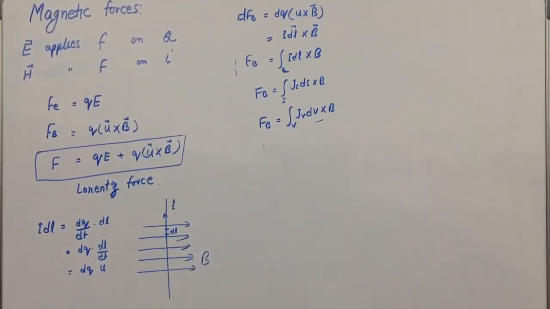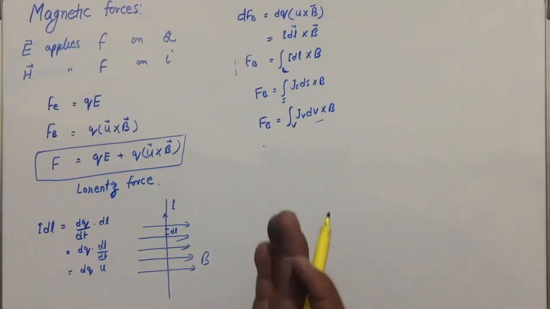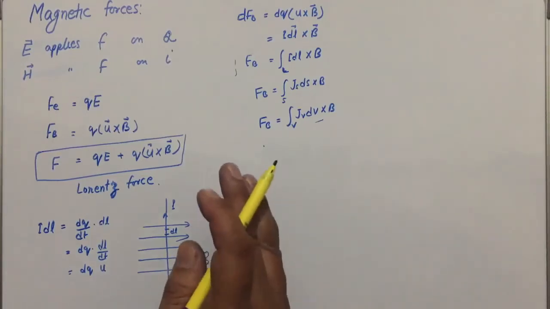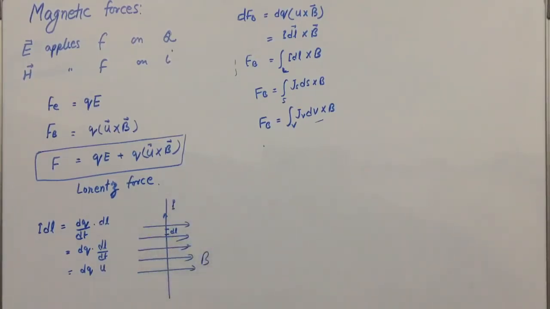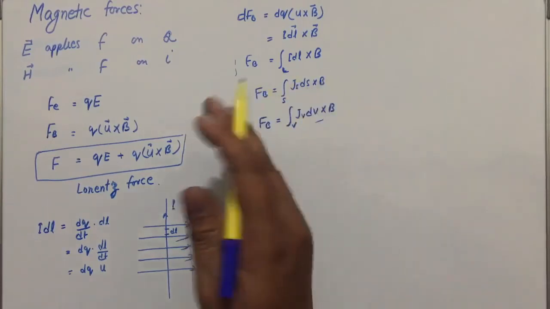So we can say there should be two current carrying conductors nearby each other, and one will generate the magnetic field and the other will experience force due to that field. So the conductors will apply force on each other.